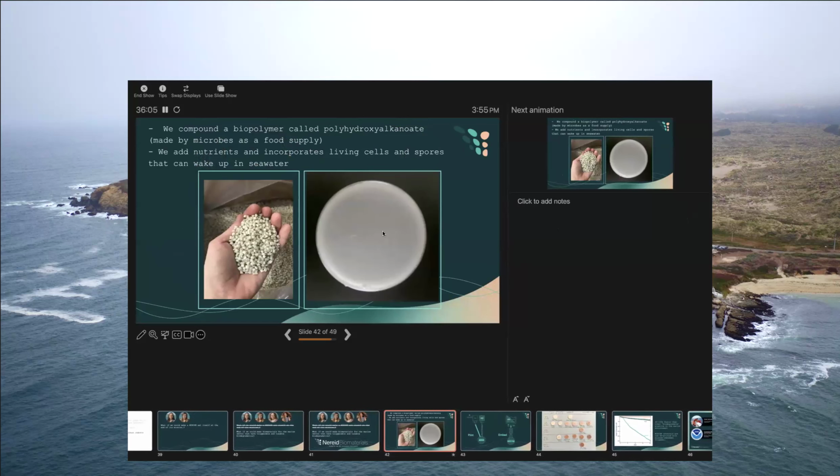And through that, we use a biopolymer called polyhydroxyalkanoates, which are made by microbes as a food supply and therefore very easily and rapidly broken down by microbes, including microbes that live in the ocean. We started off just by putting this material into the coastal zone, looking at what microbes populated it and what were eating it really effectively, and then looked at what else they might be missing in their diet.